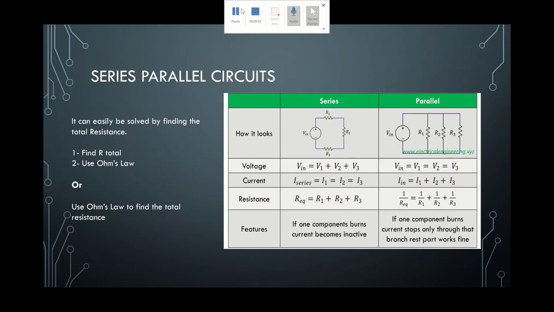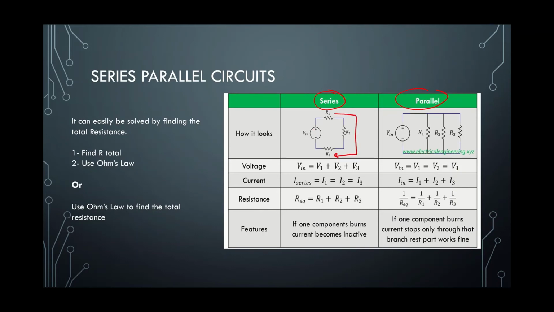After that, we have seen the combination of the circuits, the series or the parallel. We studied that the series circuit has resistors connected in series. The combination of the resistors is through one point only, this one will be connected to a source, and the other one will be connected to a source.